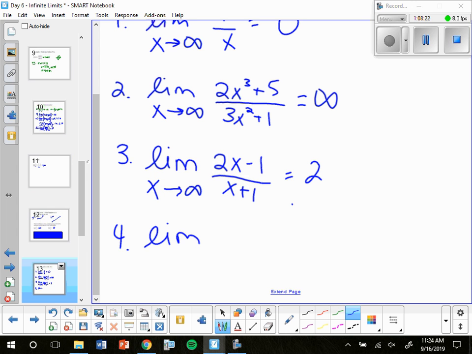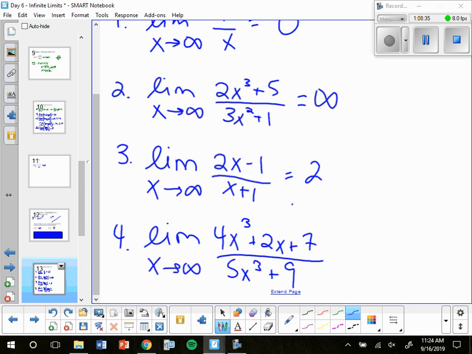If we look at the limit as x goes to infinity of 4x cubed plus 2x plus 7 over 5x cubed plus 9, they're both going to infinity.